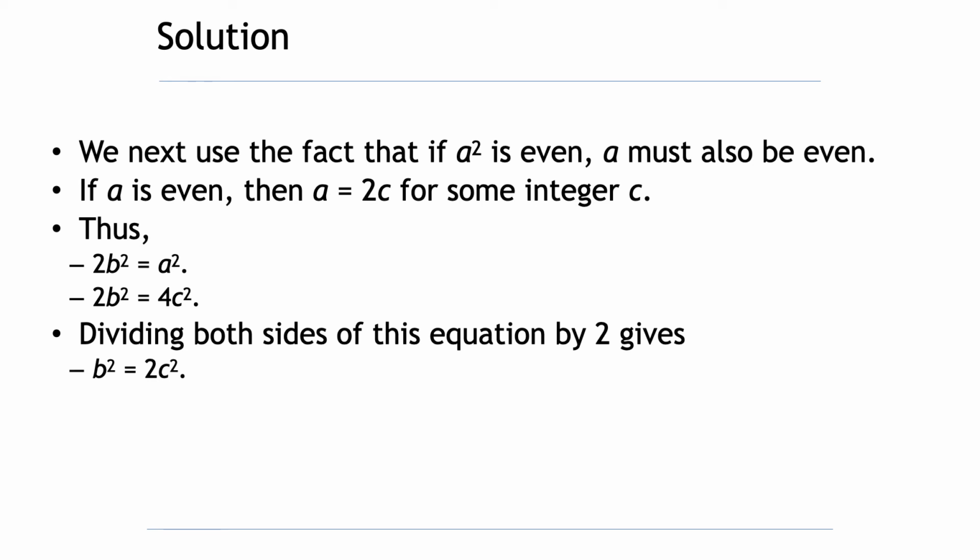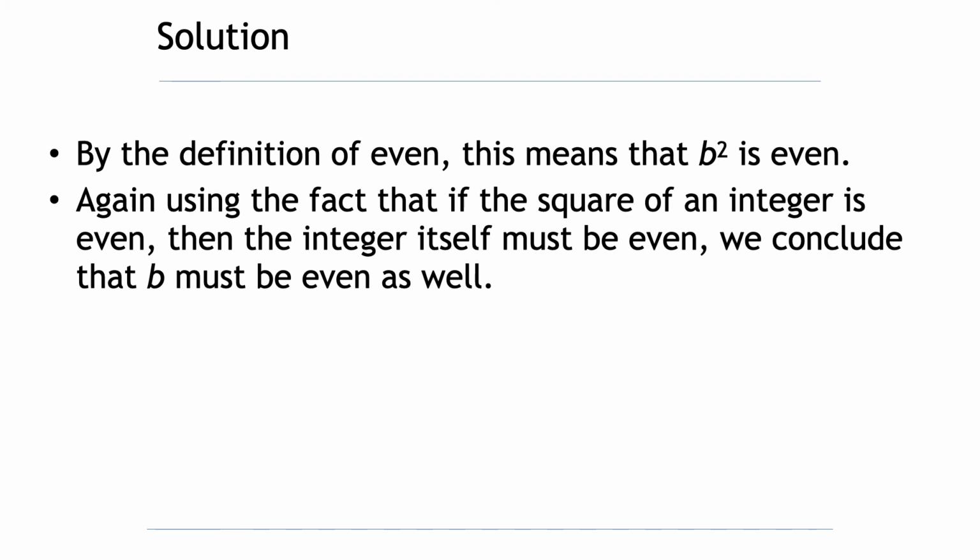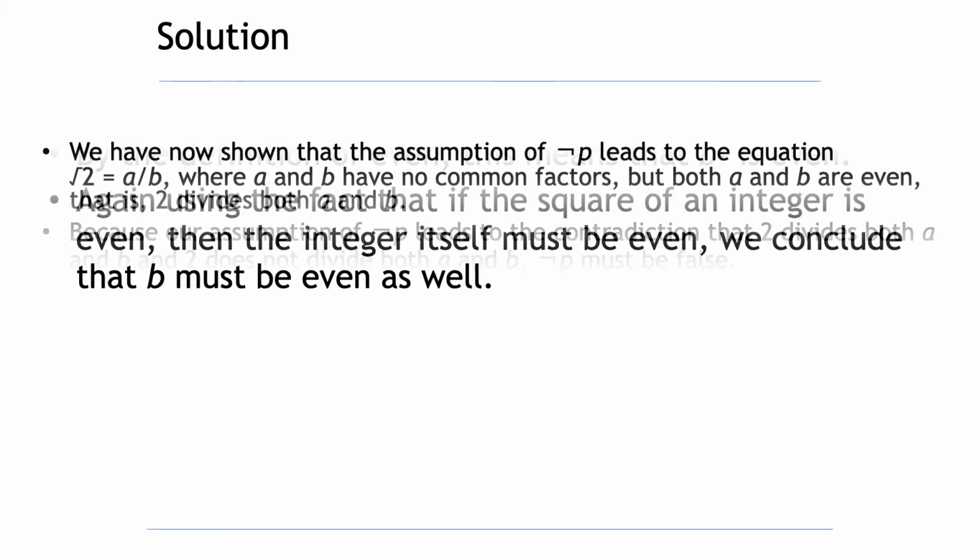Dividing both sides of this equation by 2 gives us as a result that b squared is equal to 2 times c squared. By definition of even, this means that b squared is even. Again, using the fact that if the square of an integer is even, then the integer itself must be even, we conclude that b must be even as well.